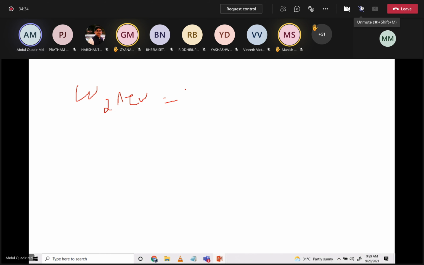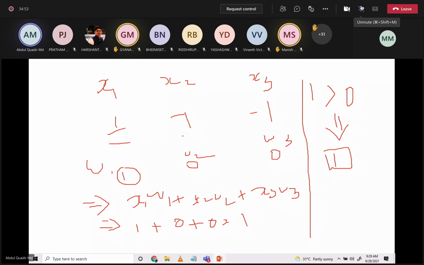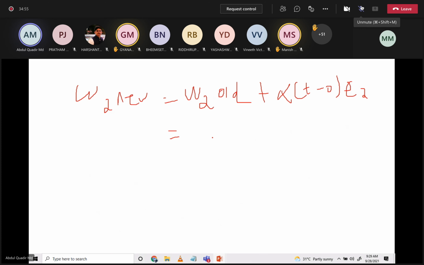So, what is the formula to update? W2 old plus alpha into T minus output into x2. So, what is W2 old, students? 0. Plus alpha given as 1. Target value is 0.